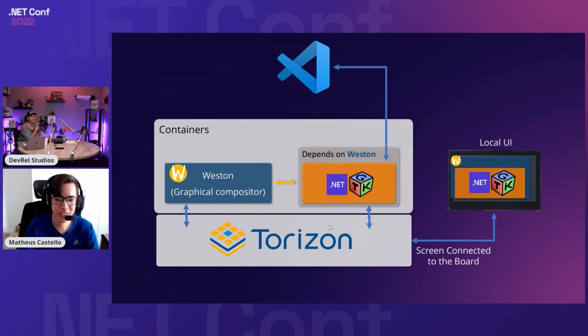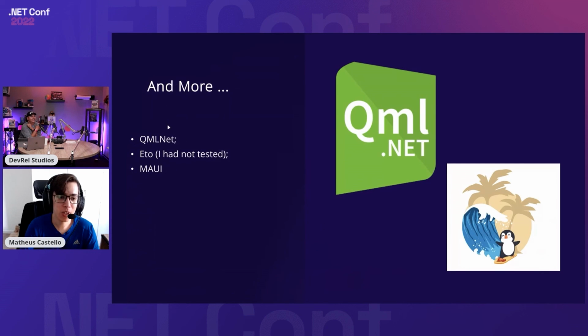I already talked about GTK Sharp, and I only want to give a shout-out to some of the older graphical user interface frameworks that we have. That is QML.NET. This is very important, but it's not maintained anymore. So I'm looking forward to someone from the community taking it, making a fork and continuing to work on it, right?